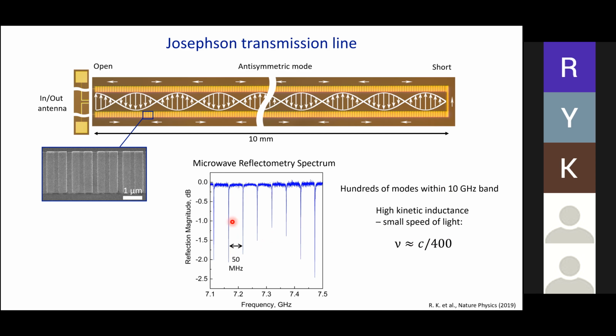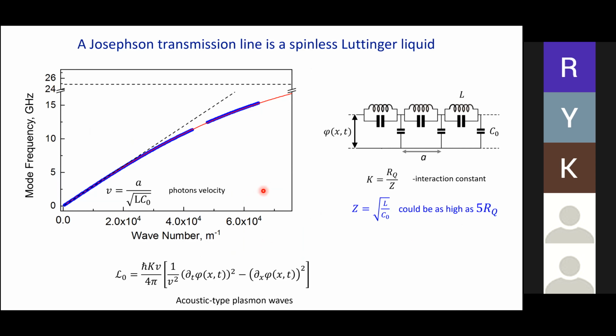We can now count all those modes, starting from the very first one, and plot a dispersion relation. Here it's shown in blue. This dispersion relation has two asymptotes. The first one at very low frequencies is linear.